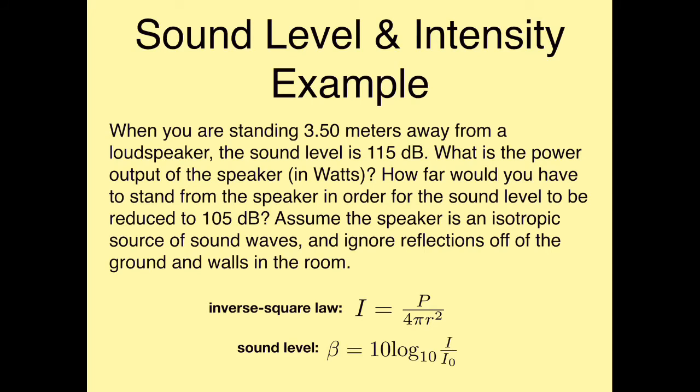So there are two things we'll keep in mind here. For an isotropic source of sound, we expect it to follow the inverse square law that we developed back in chapter 15, where I is equal to the power of the source divided by 4 pi r squared. We're going to use that. Then the sound level is given by beta is equal to 10 times log base 10 I over I naught. We're going to use both of these ideas in this problem. So let's get into it.